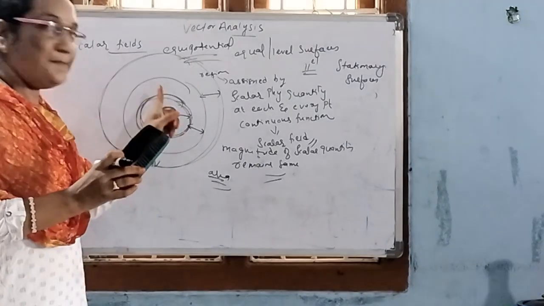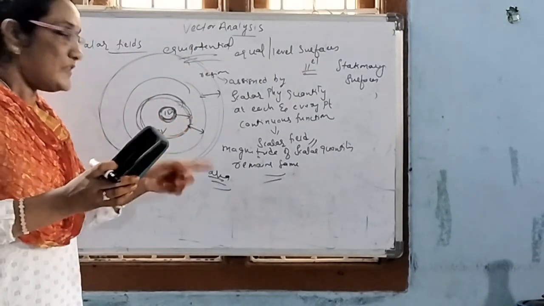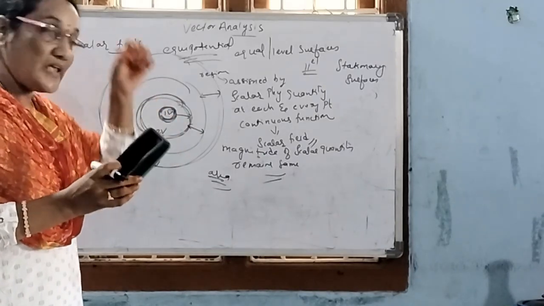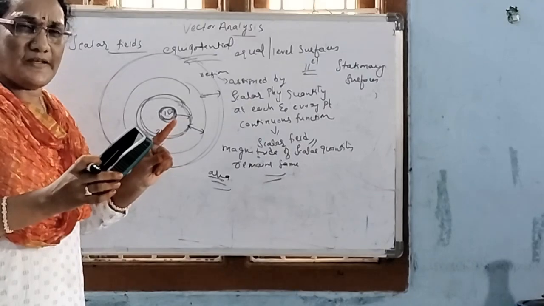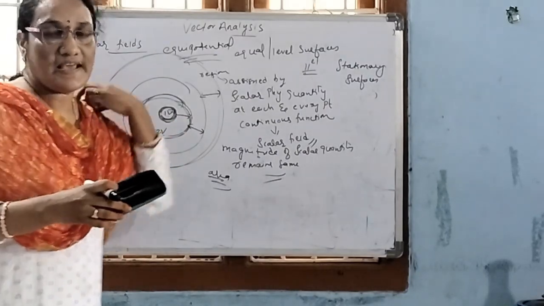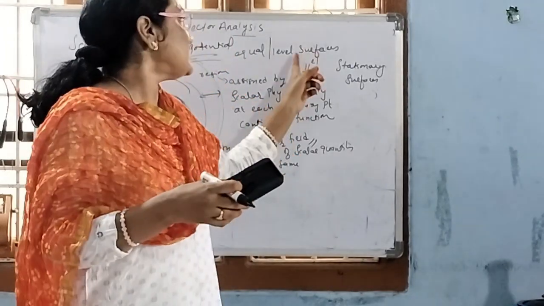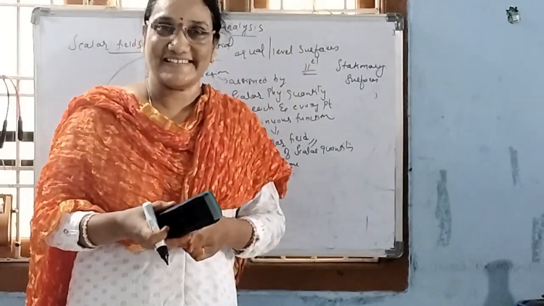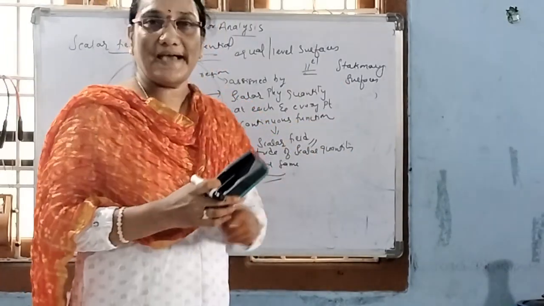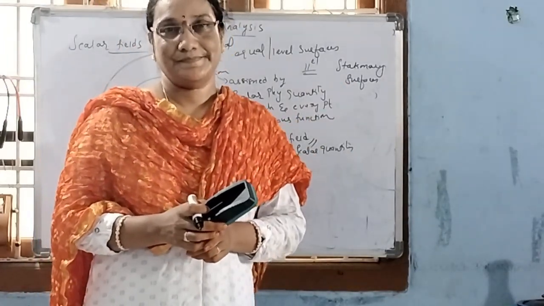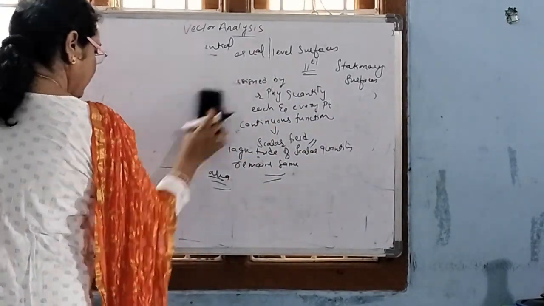The best example for scalar fields is equipotential surfaces, the concentric surfaces. The distance between the surfaces can be taken the same as per our convenience, so we call them equal or level surfaces. If surfaces are parallel to each other, we call them stationary surfaces. Right? Now next, let us move to the vector field.